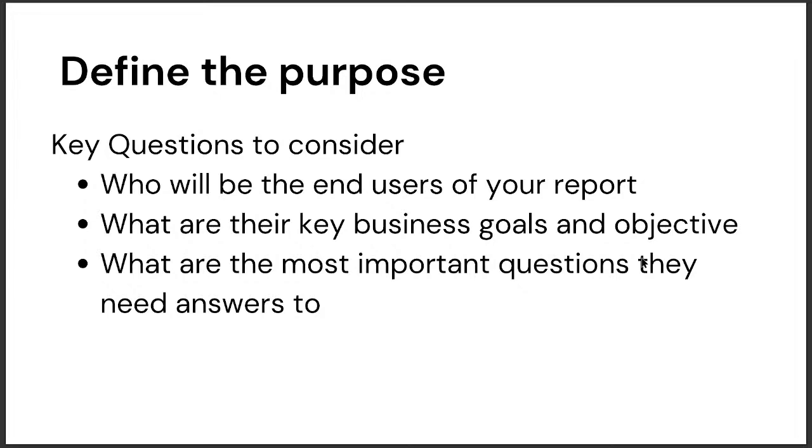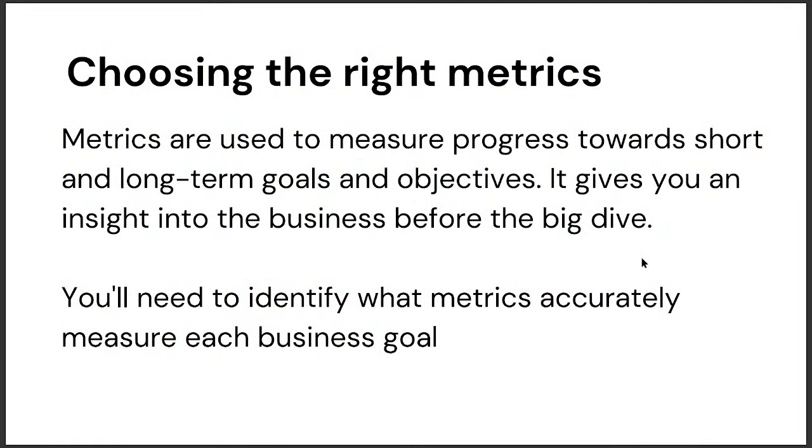Now we've gotten to define the purpose. Let's move on to the next, choosing the right metrics. So metrics are used to measure progress towards short and long-term goals and objectives.